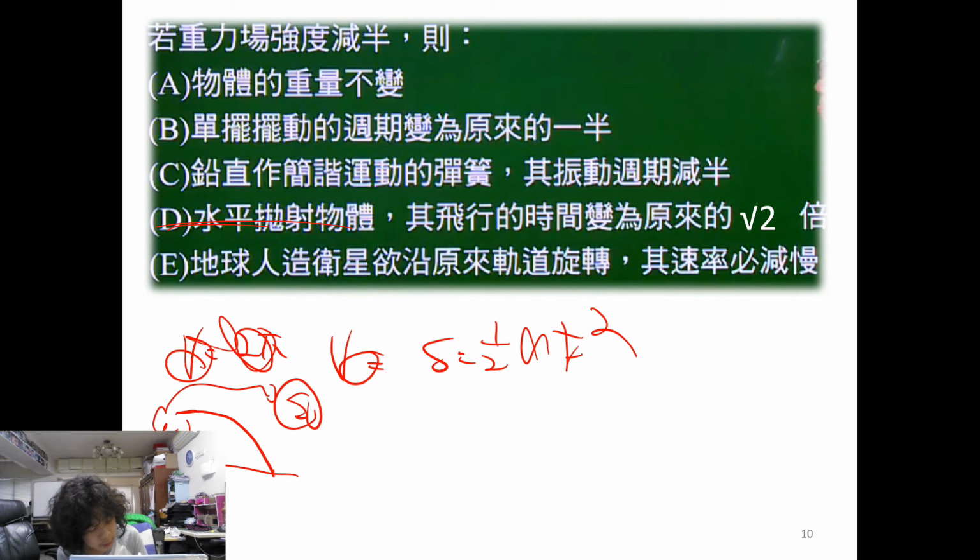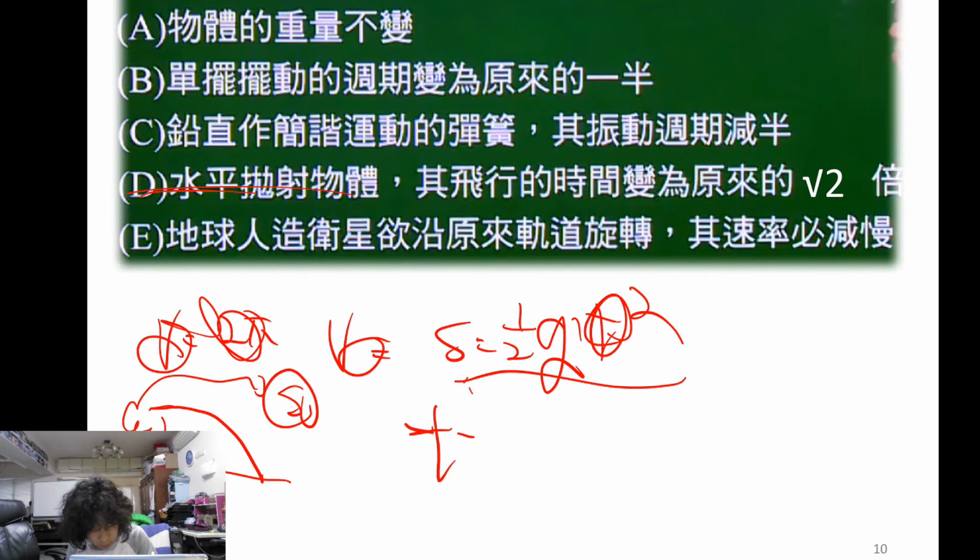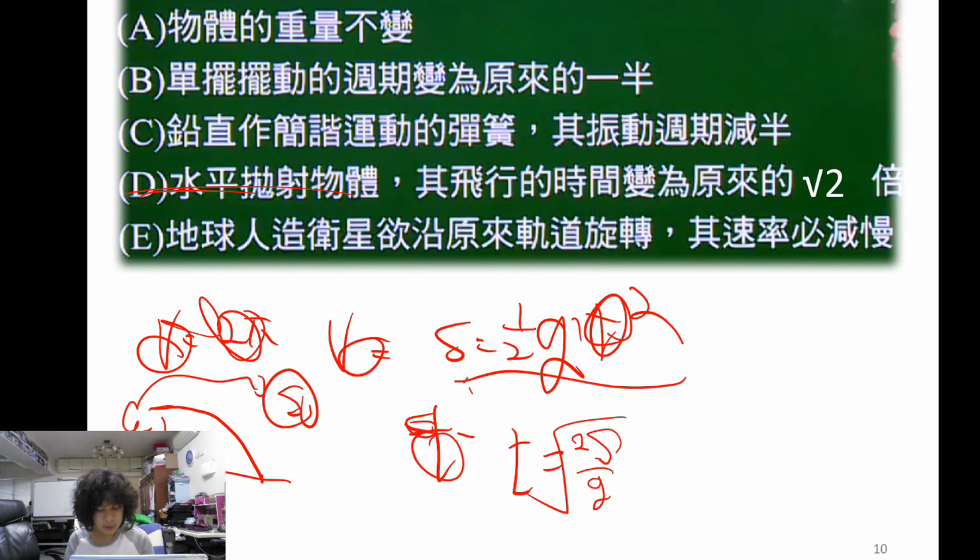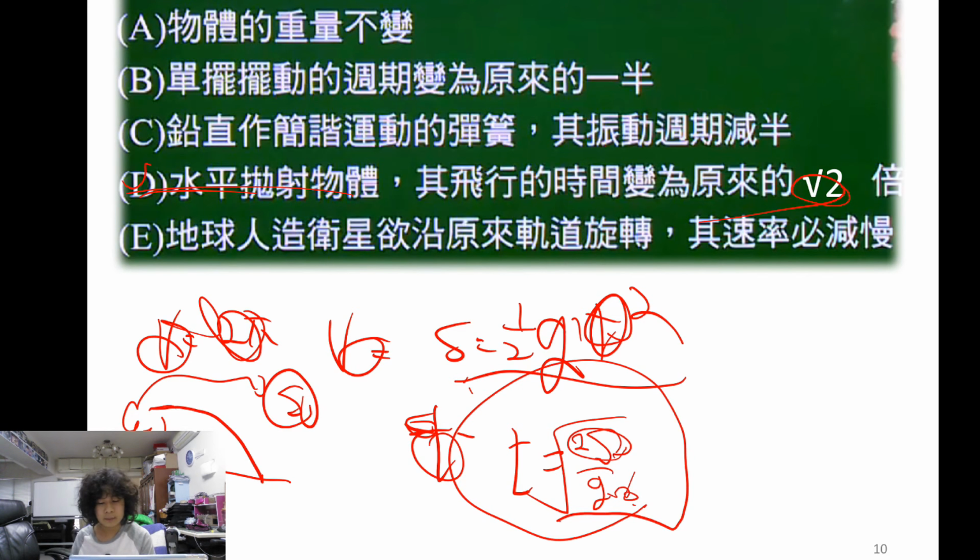So now you're just going to calculate t, and this equals g. So t equals the square root of 2s divided by g. So finally you get the time. And now g and this 2 are constant, so now it becomes half. It becomes this, so D is correct.